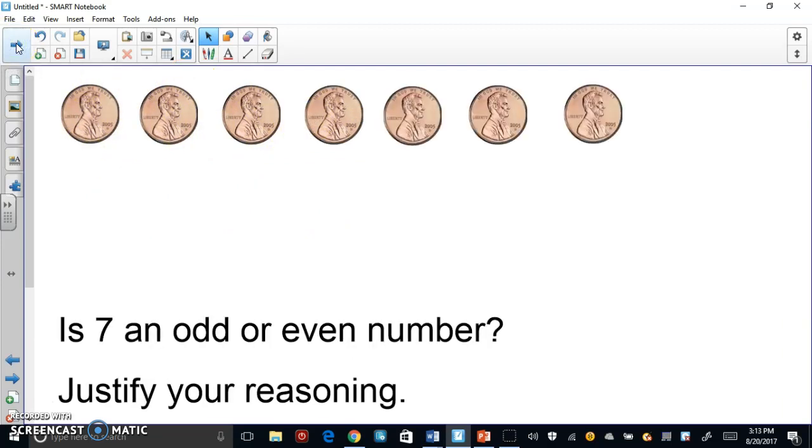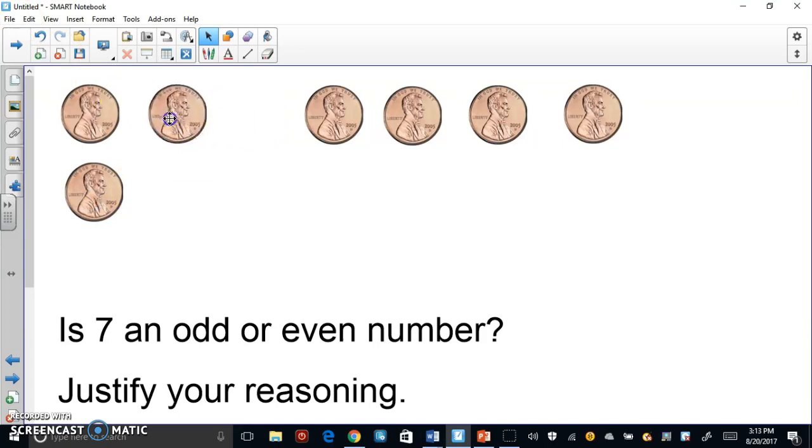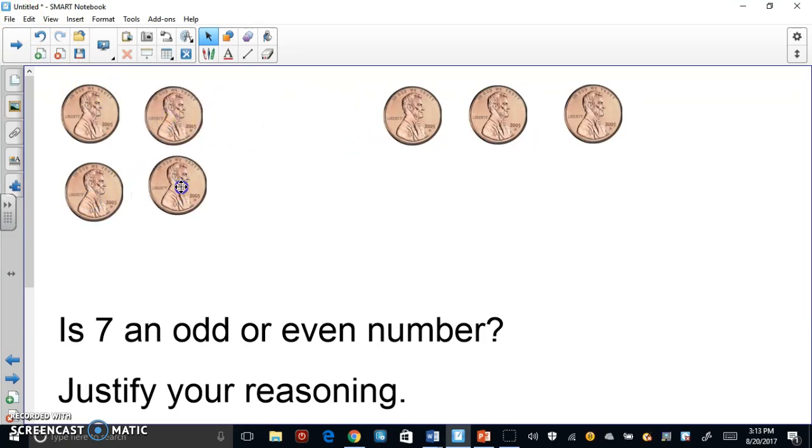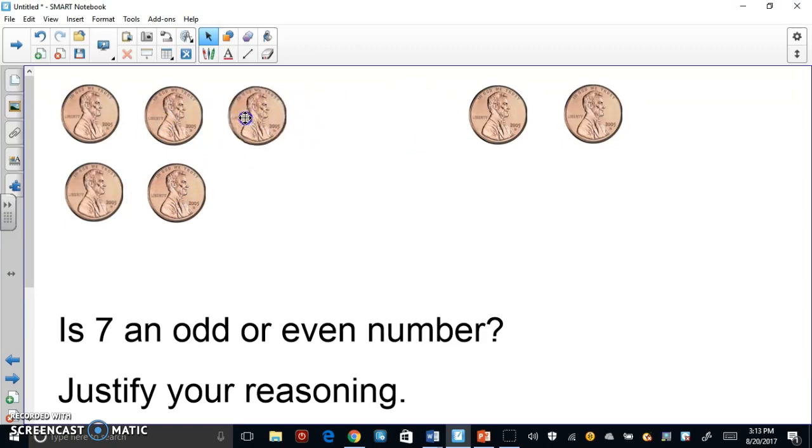All right, let's look at another simple number like 7. Most of you probably already know whether it's odd or even. But remember, the important thing here is justifying our reasoning and telling how we know that it is an odd number. So we're going to take these pennies and do the same thing that we did on the other side. We're going to pair them up. So I'm proving and justifying my reasoning by using a model.